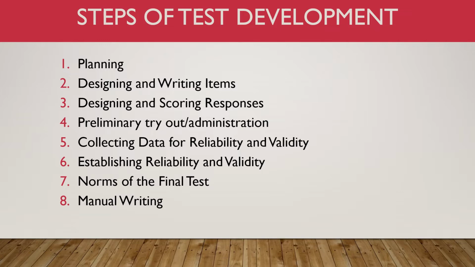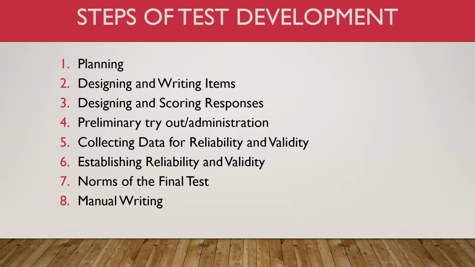In a few books you find there are 5 or 6 steps, but finally there are 8 steps we have to follow for the development of a psychological or psychometric test.